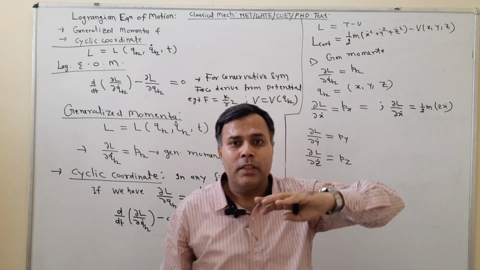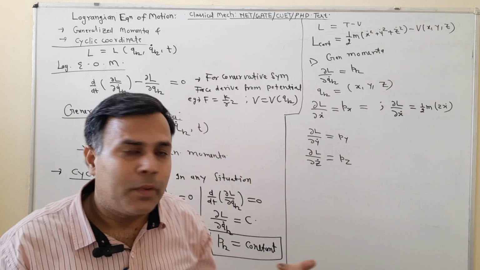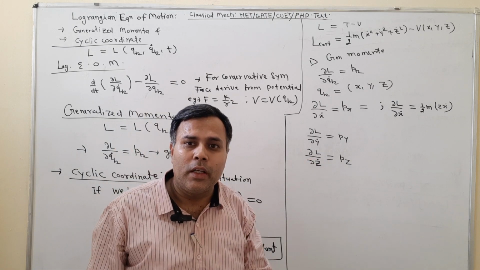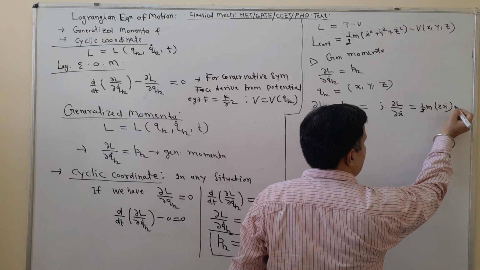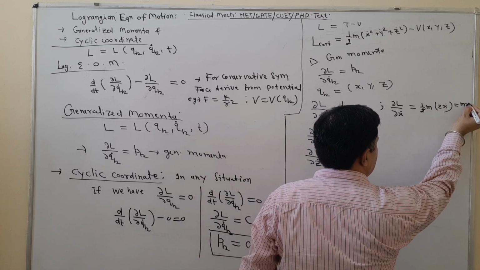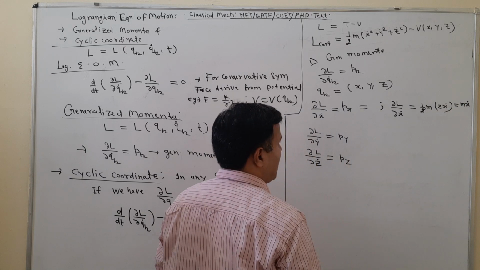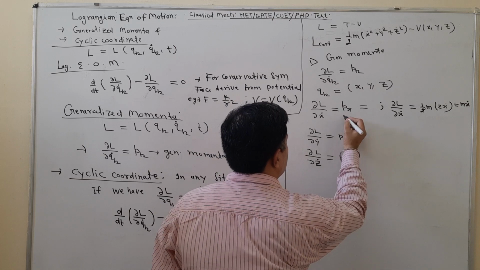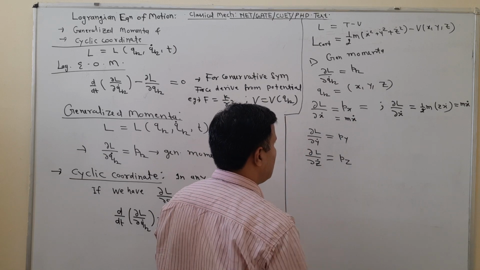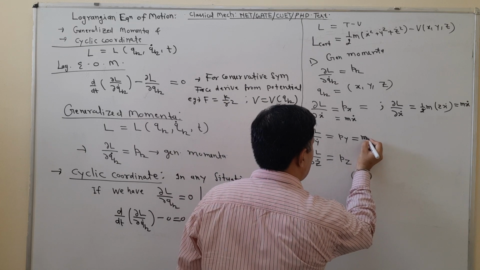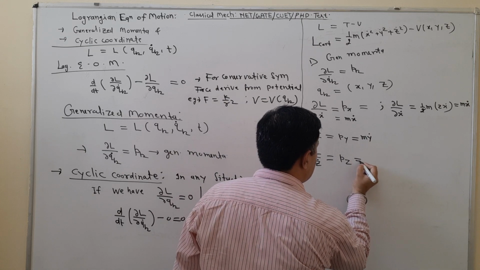This potential is in x, y, z, so if you differentiate with respect to x dot, it will give you 0. This 2 will cancel out, and what we have is mx dot. So this is simply mx dot. Similarly, this is simply my dot.